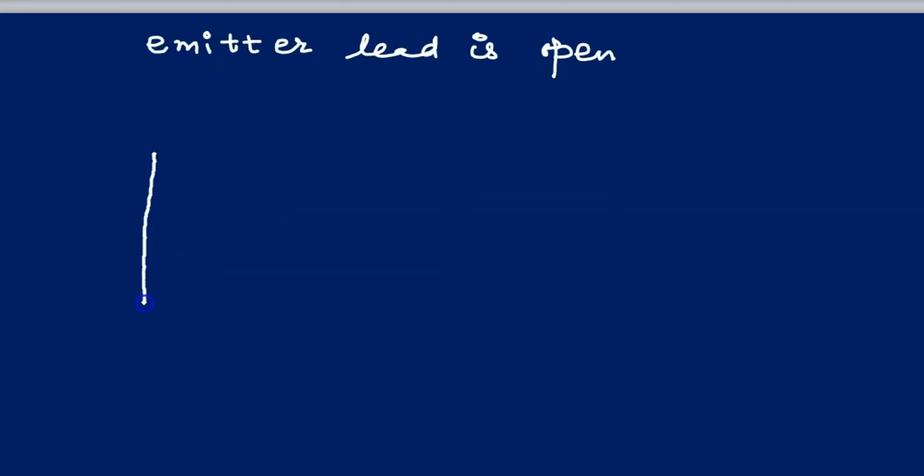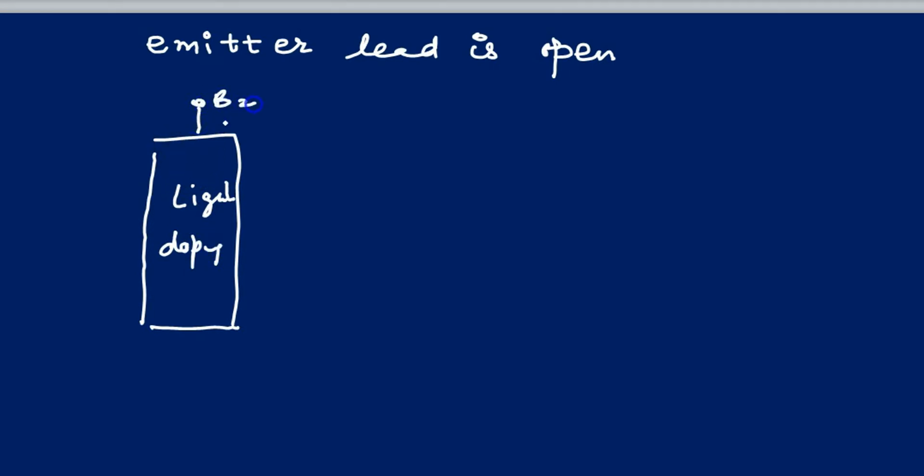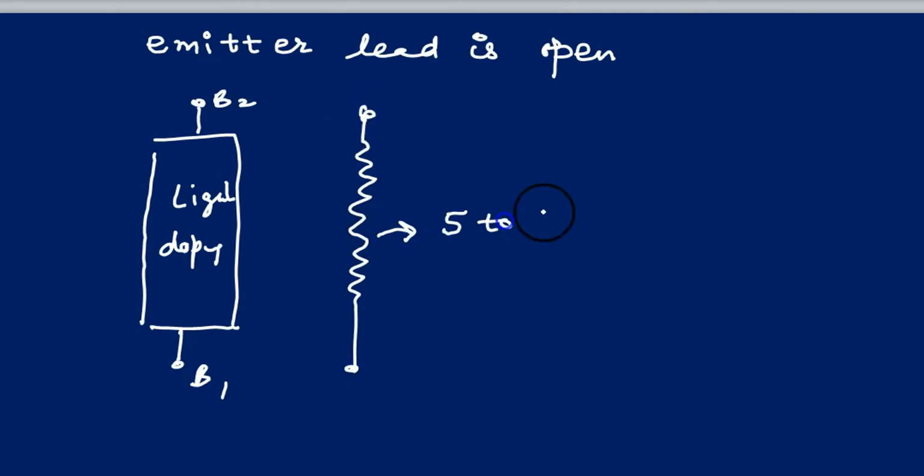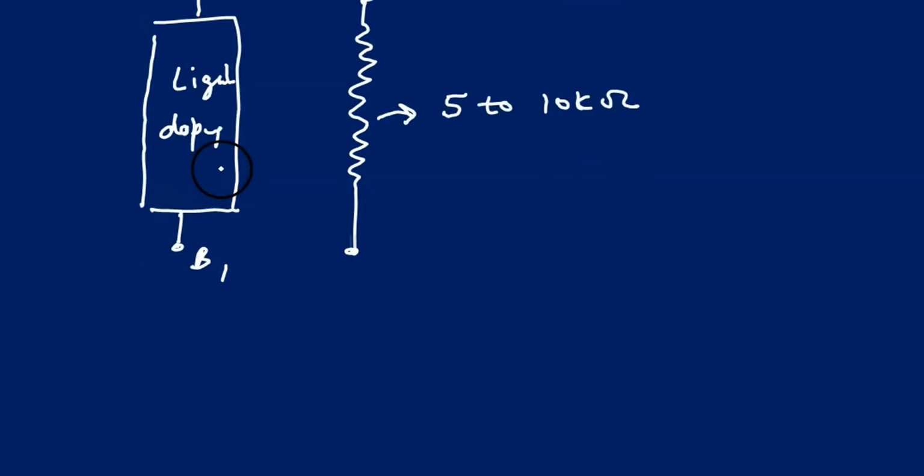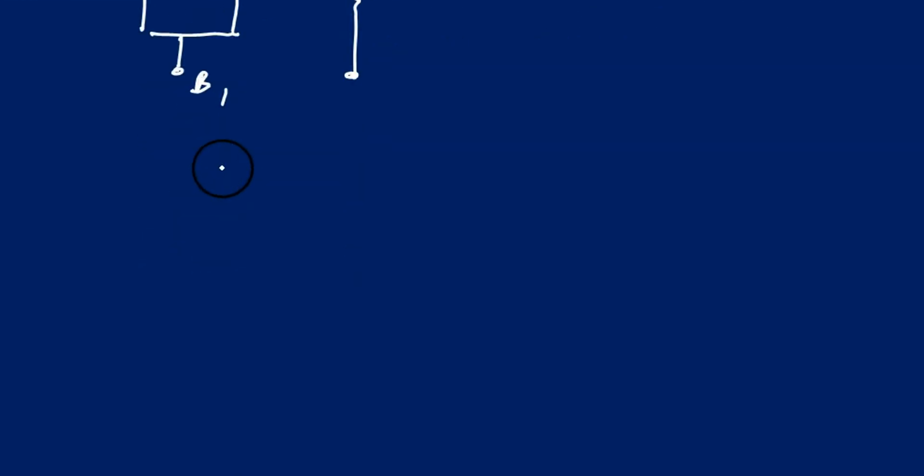So if the emitter is not given any voltage, that is, the emitter lead is open, and we apply some potential between the two bases B1 and B2, then the N-type bar behaves as a resistor varying from 5 to 10 kilo ohm.